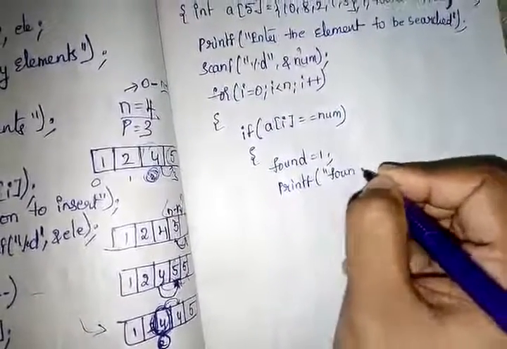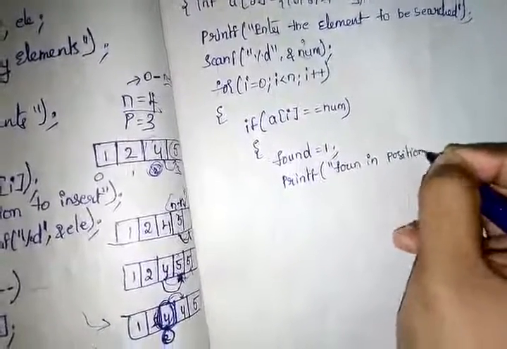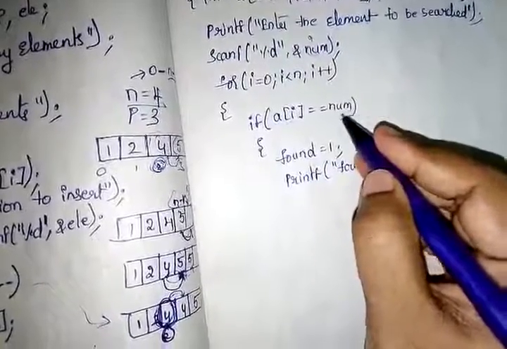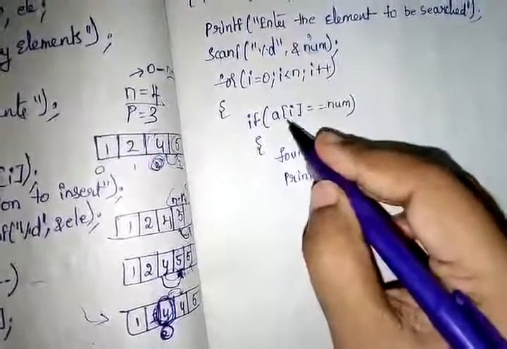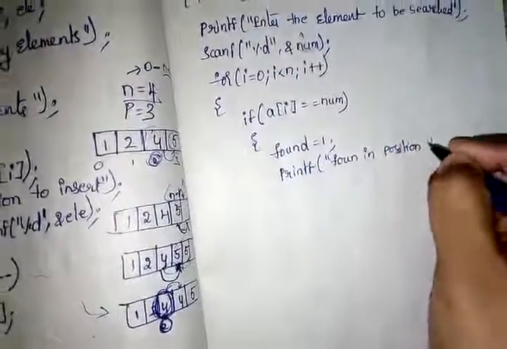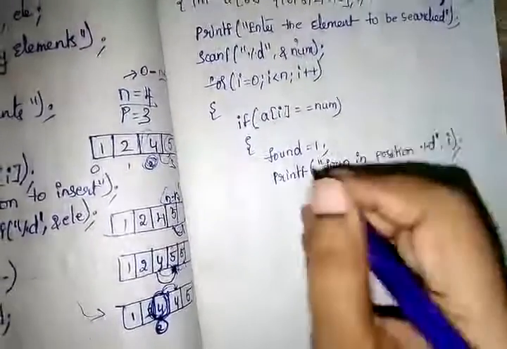"Found in position." The element at index i will be matching with the number, the element we have given. So the position of that element would be its index, that is i. So %d comma i, just a printf statement.